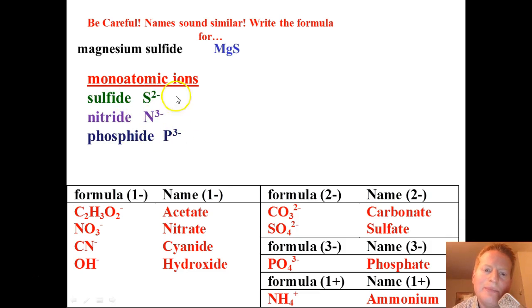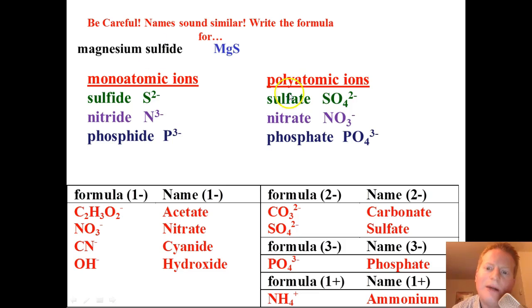These are just a few examples, but they're often confused with our polyatomic ions, which are sulfate, nitrate, and phosphate. So be very careful when you go to do these, essentially, because sulfide is different than sulfate, nitride is different than nitrate, and phosphide is different than phosphate. Okay, so don't lose track of those. It's very easy to get confused.